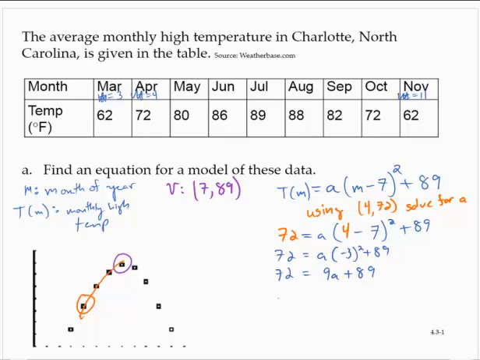Subtracting the 89 from both sides, negative 17 is equal to 9A. Dividing through by 9, A is approximately, let's see, 17 divided by 9. It's 1.888 repeating, so let's say negative 1.89. So then our model would be T of M is equal to negative 1.89 times M minus 7 squared plus 89.